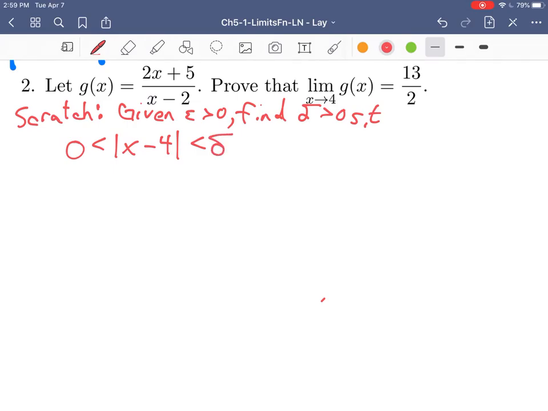And that 4 is coming from our value of c, the limit we are heading towards, the value where our x value is heading.